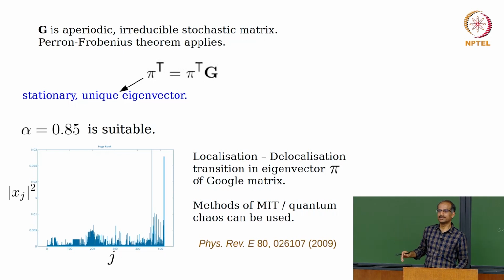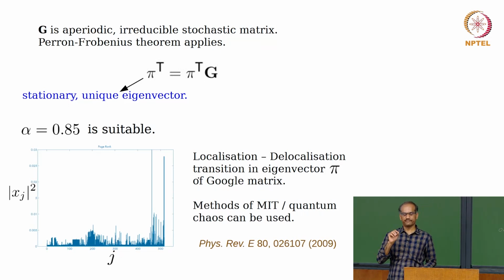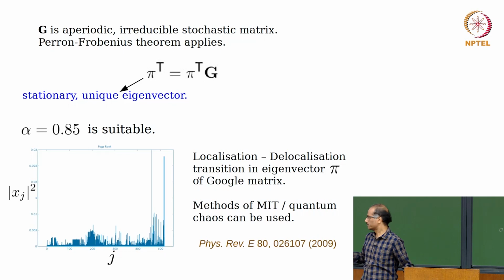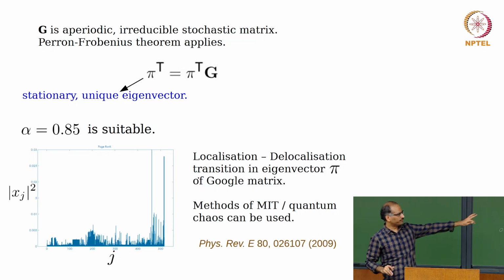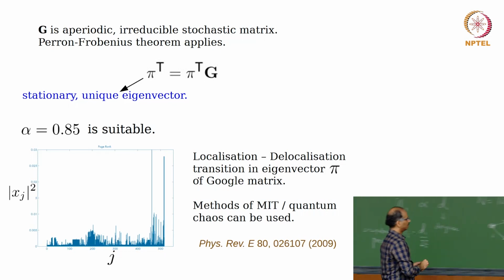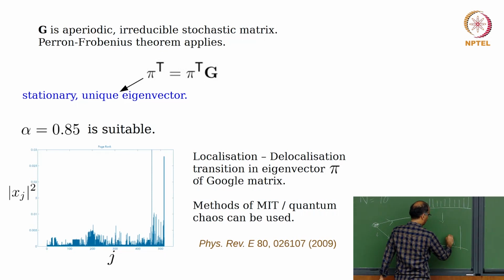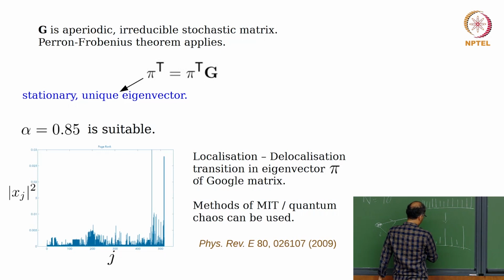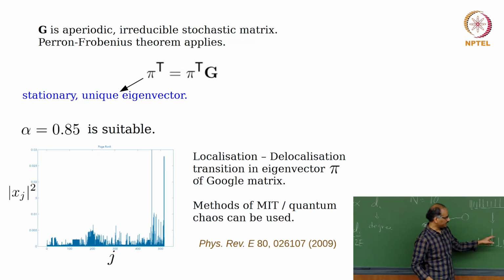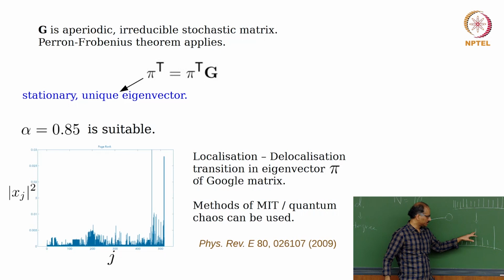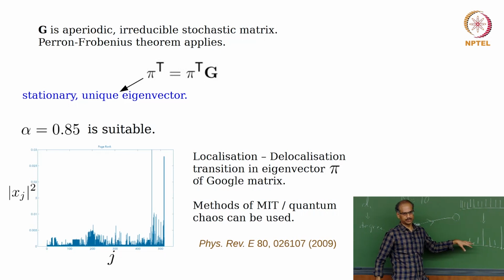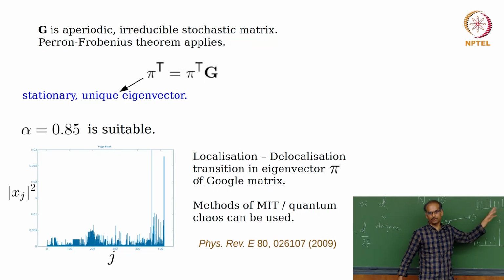But nevertheless, what they would call a phase transition in physics literature would be a transition going from something that looks like this to something that has some prominent peaks, but the rest are all very small. Then it's easy for you to say that this is an important page, this is an important page, and the rest are all noise. But if it is like this, it's a lot more difficult.